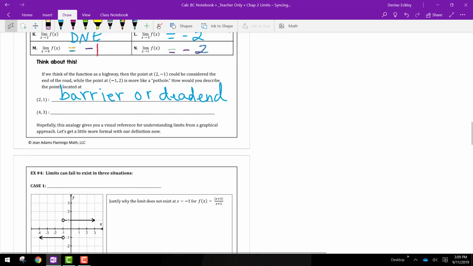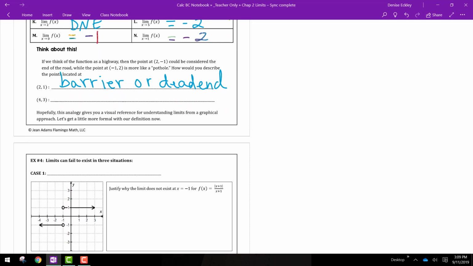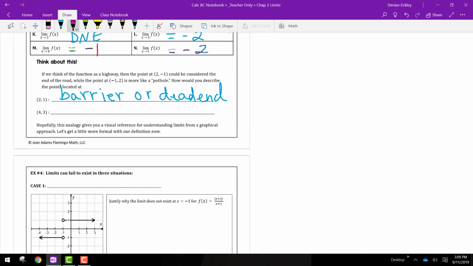Okay, I would describe that more as a bump in the road, because you can keep going, but there's definitely something you'd have to do very quickly in the car. Okay, so hopefully that street analogy gives you a kind of a visual understanding of how to look at the graph when you're talking about limits.